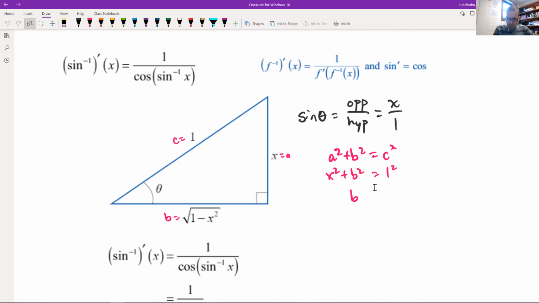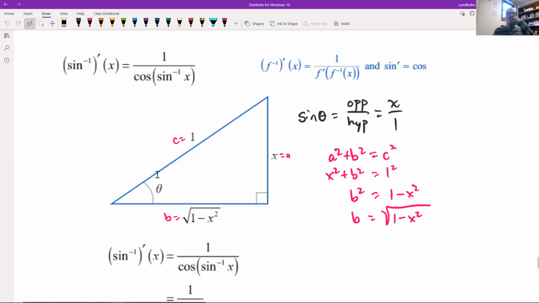But solving for B means that we get the square root of 1 minus x squared for that third side.